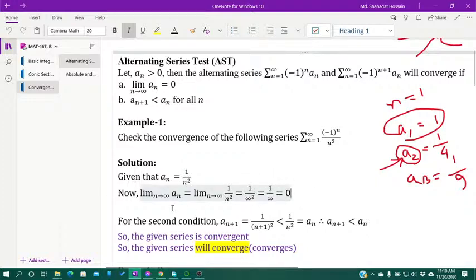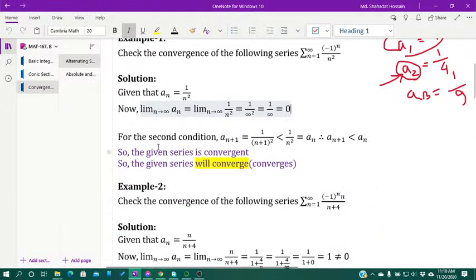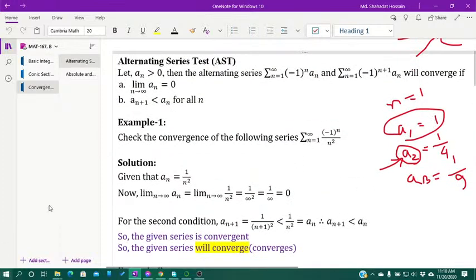Now we should check whether the series is decreasing or not. If I write a_(n+1), it should be equal to 1 by (n+1) whole squared, that means it is less than a_n, 1 by n squared. This would be clear from this example. Suppose n equals 1.